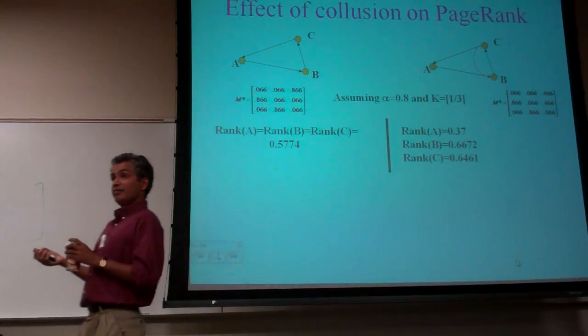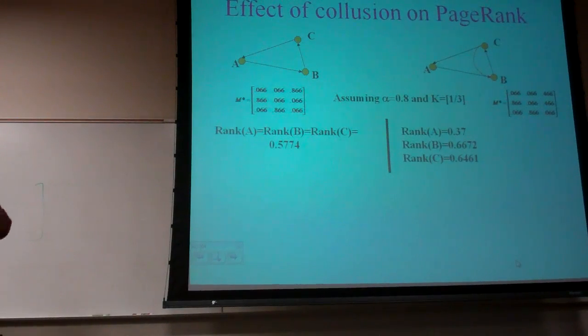What does this mean? If there is a link of pages for the class, and some of you collude and put more links to each other, then you all become more important than the other people who did not take part in this collusion.